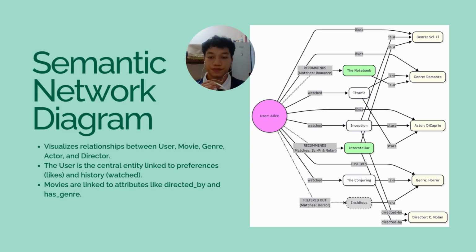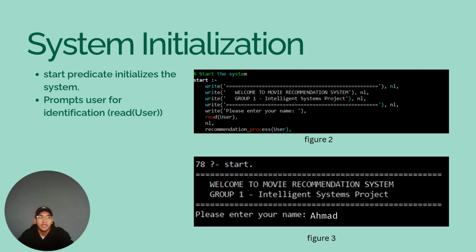Thank you. Now I will explain how our system works. As you see in the slide, figure 2 shows the starting code of our system, which is the start predicate. This part initializes the system and displays a welcome message that you can see on the screen. It also requires the user to enter their name using read.